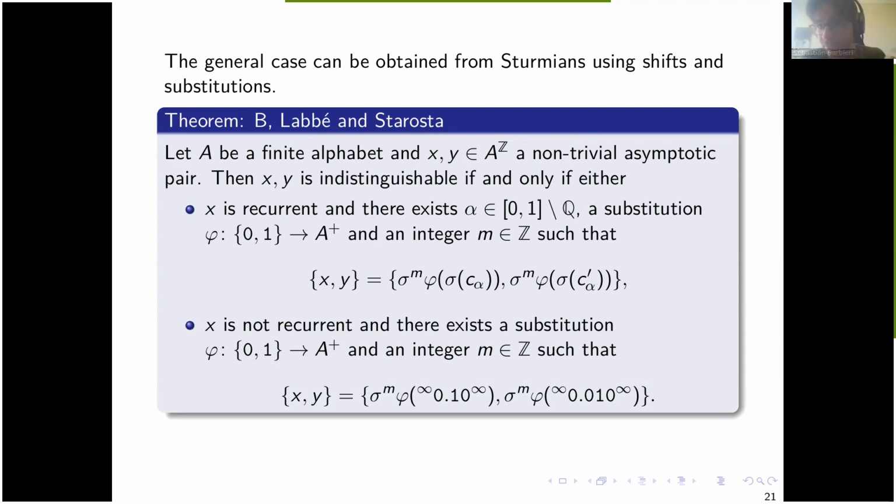I apply my substitution, and then I shift it up to some integer. And that characterizes all recurrent indistinguishable asymptotic pairs.